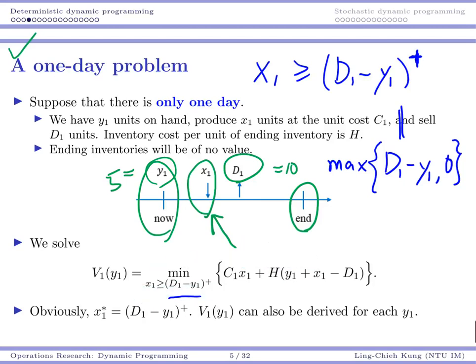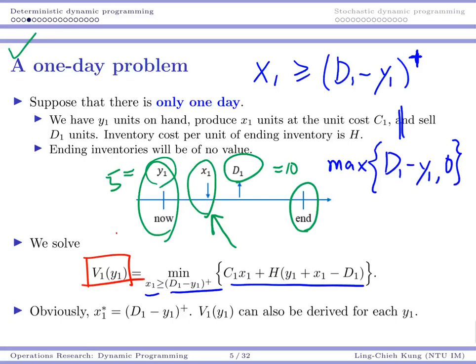So if we have the formulation here, let's take a look at it again. We want to find a value of x1, where the constraint is that x1 must satisfy the demands, and we want to find x1 to minimize the total cost. And here we denote the optimized objective value as V1 of Y1. This is very important, so I'm going to box it with the red pen.